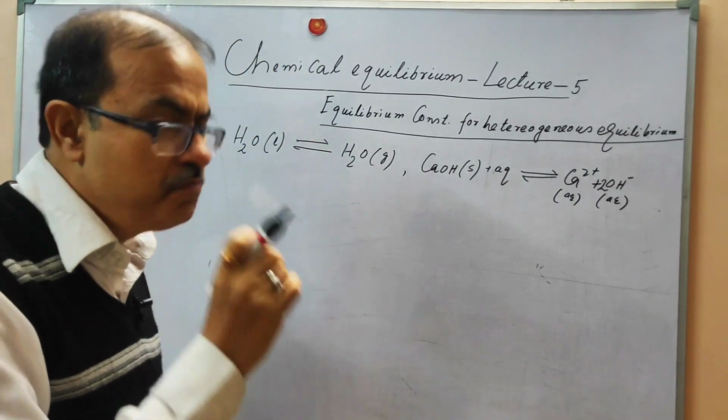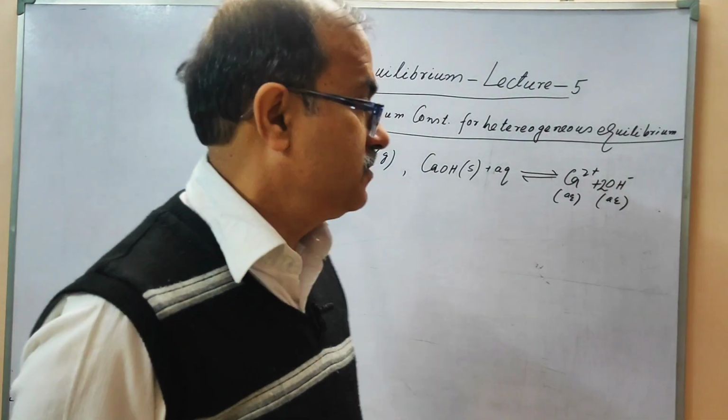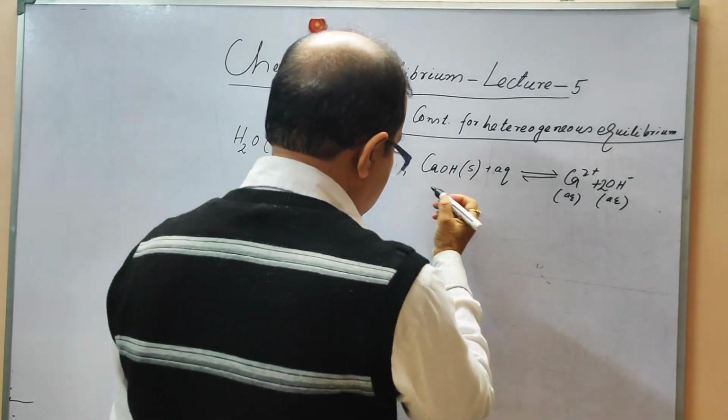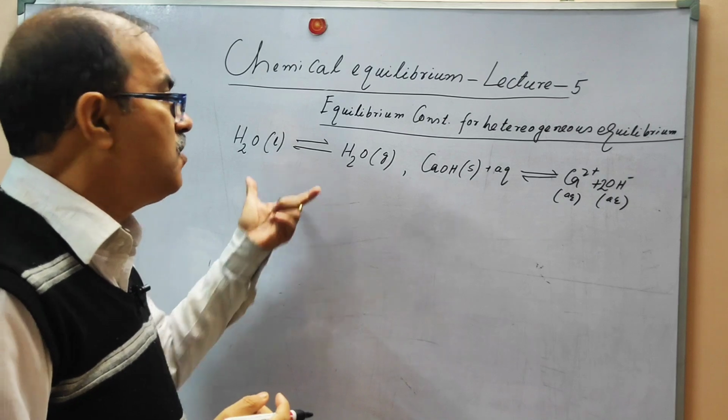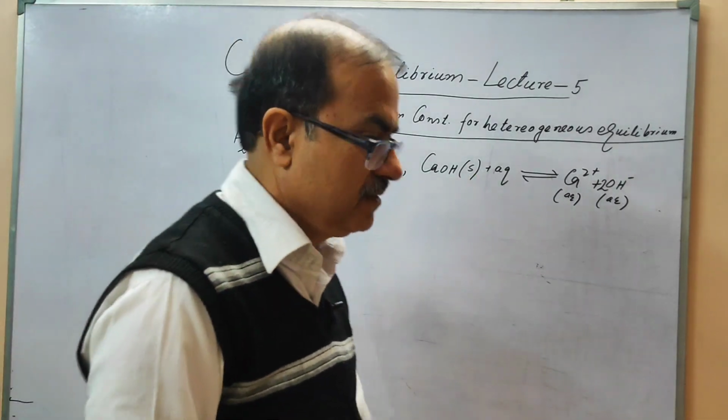So there is more than one phase, and we can say it is a heterogeneous equilibrium. So this is one of the examples, and this is another.